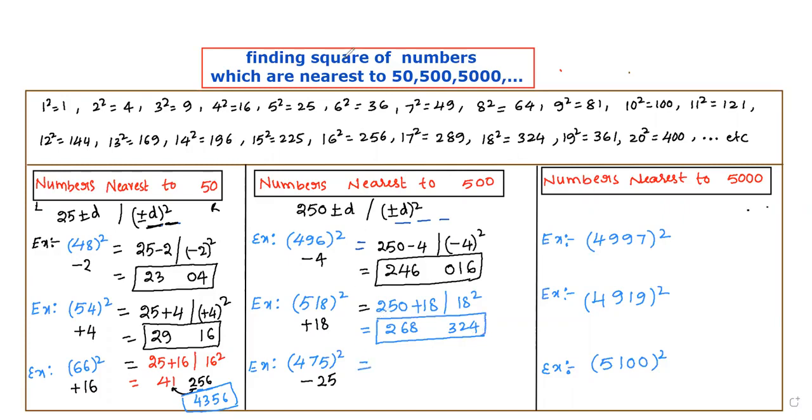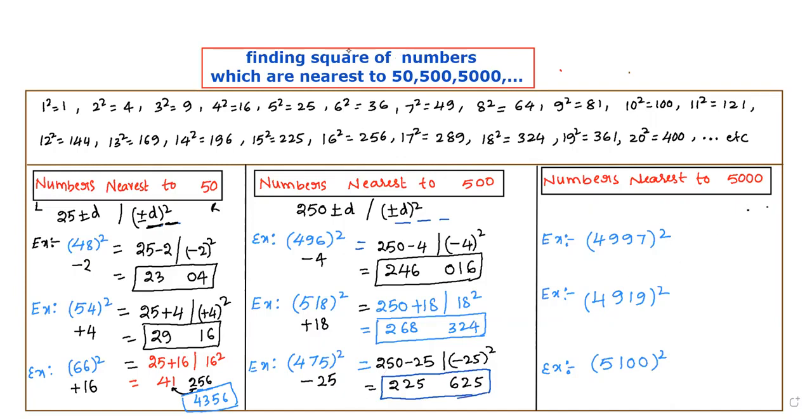Come to this example: we subtract 25 from 250 and find 25 whole square. Now we get 225, and -25 whole square is 625. Again I got a 3-digit answer in the right hand part, so this is my final answer.